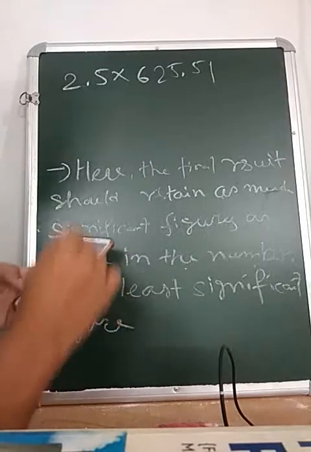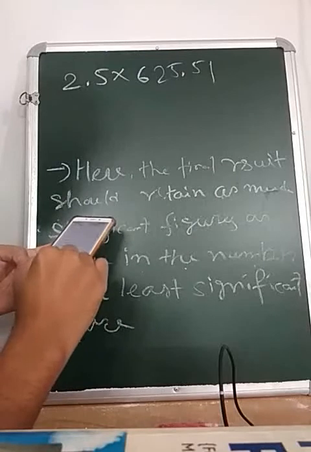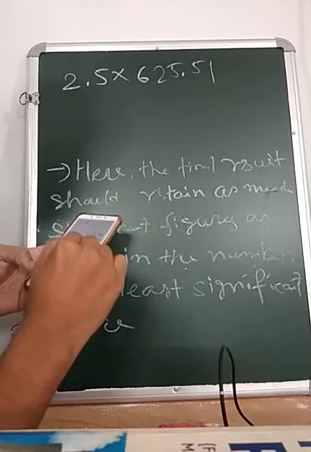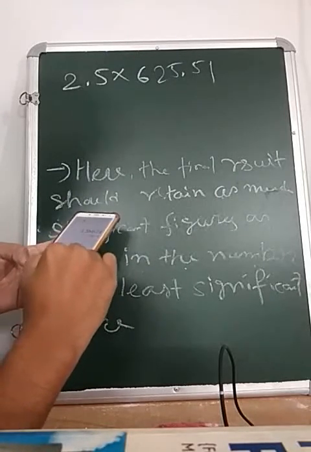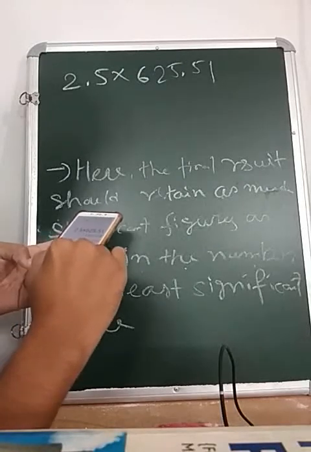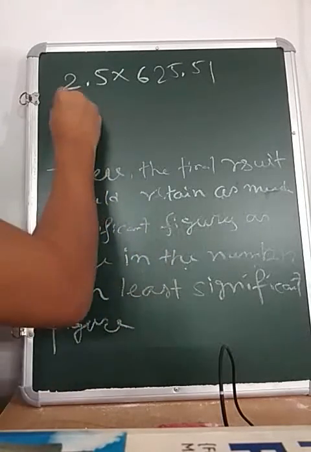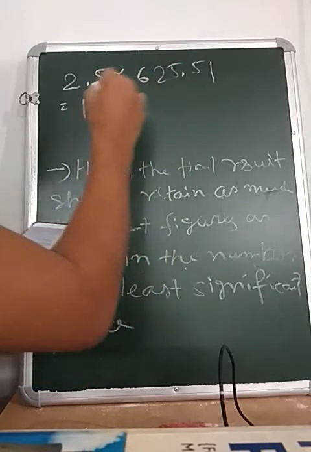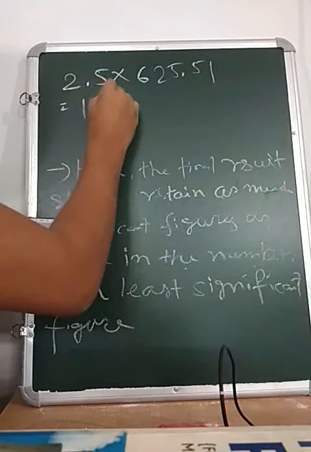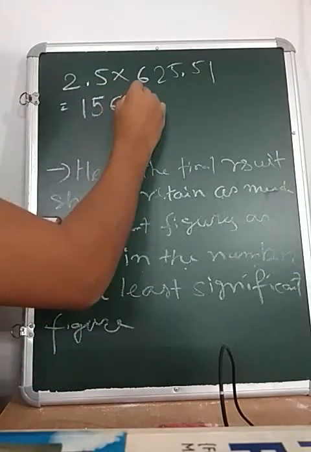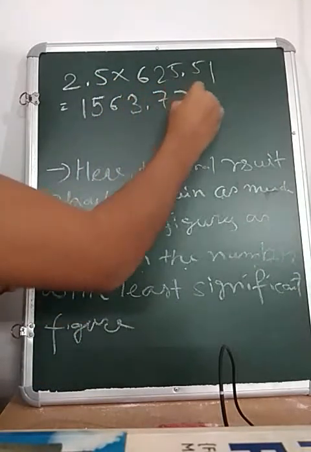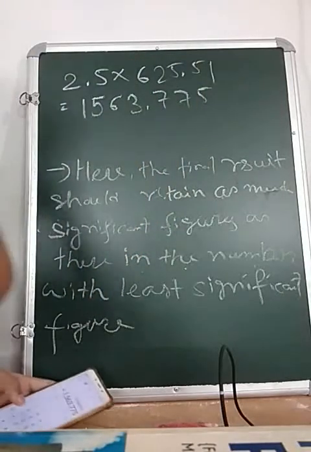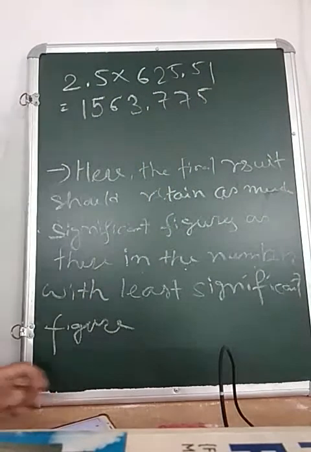I'm using the scientific calculator on my mobile. 2.5 into 625.51. So the result will be 1,563.775. Okay.